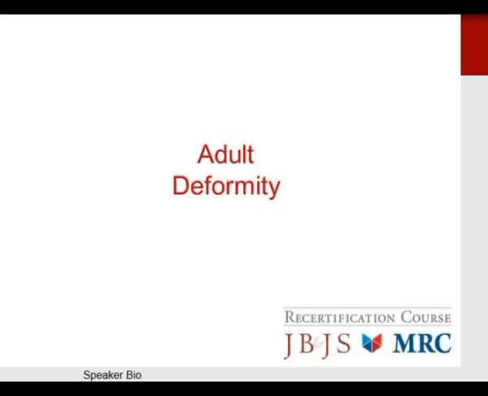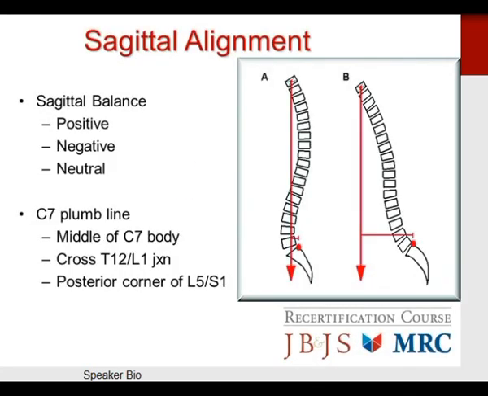Adult deformity. It's important to understand sagittal alignment. In this image on the left, the plumb line of C7 falls from the middle of the body of C7. It crosses the thoracolumbar junction at T12-L1 and falls at the posterior corner of L5-S1.